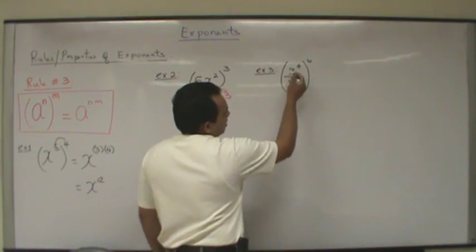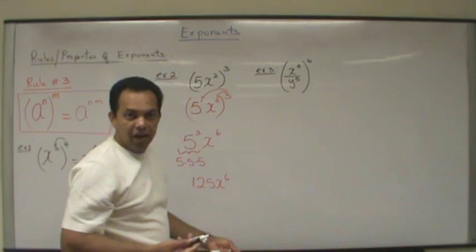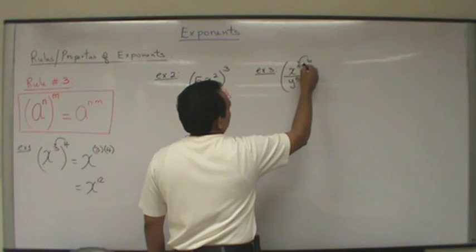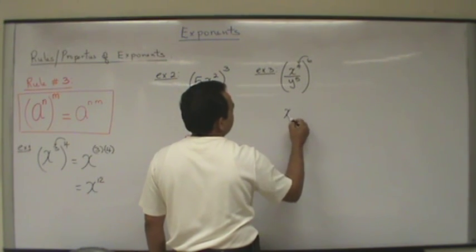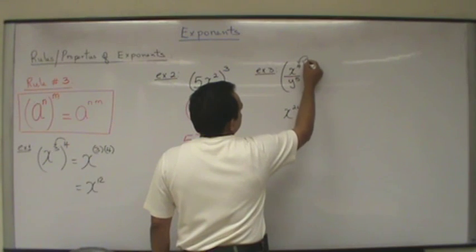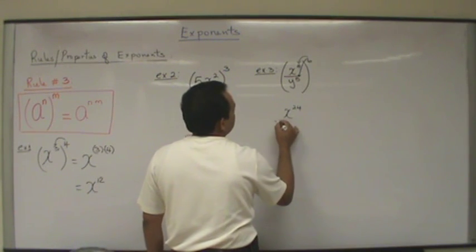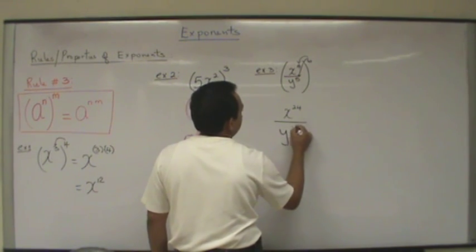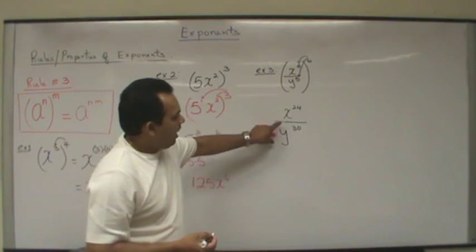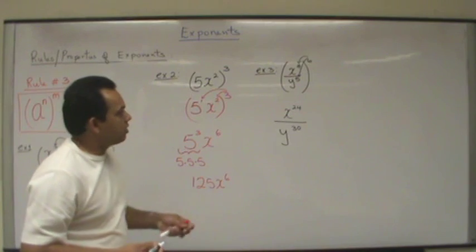So there's nothing in the parentheses for us to simplify. So I now go ahead and distribute. 6 times 4, so that becomes x to the 24th power. And I also have to distribute that 6 to the 5, divided by y to the 30th power. They are different bases, so I cannot subtract any exponents.